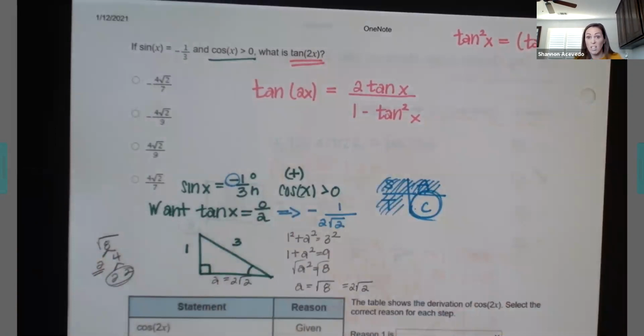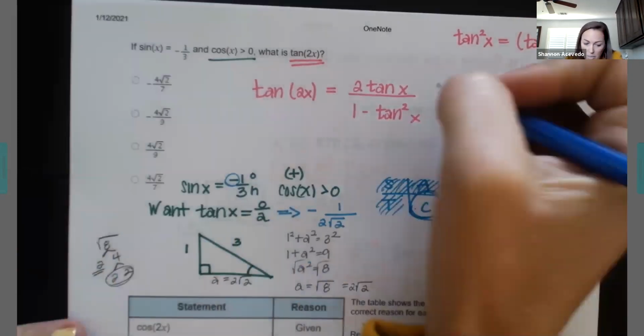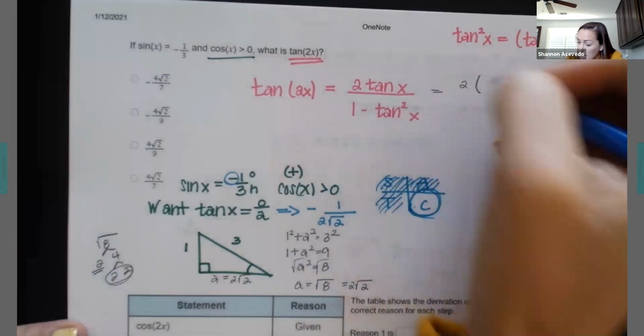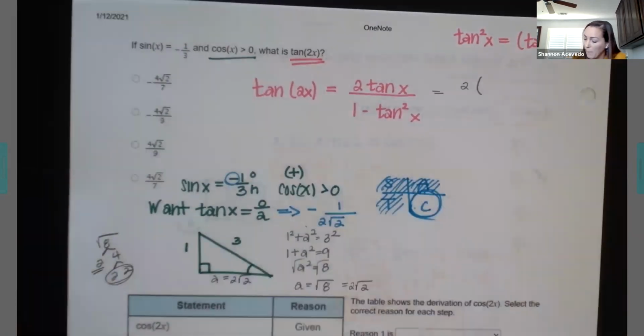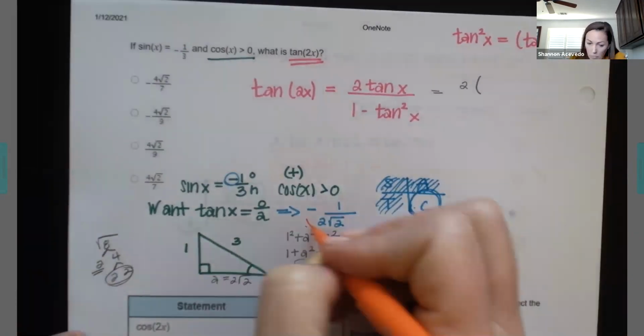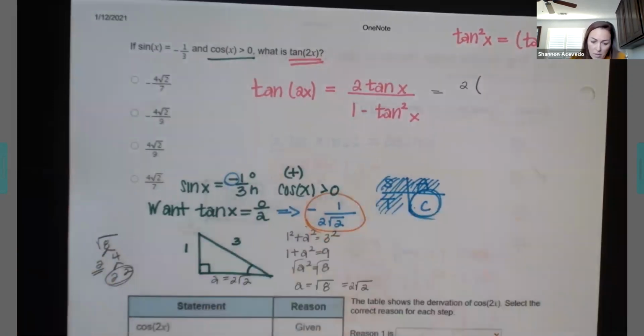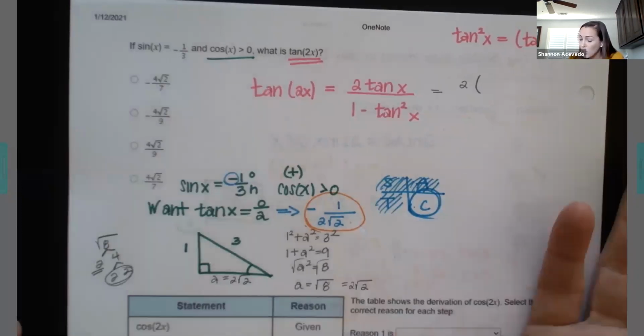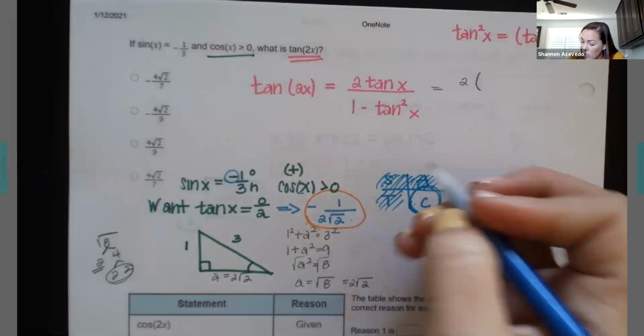Lot to take in, right? So let's plug into my equation here. Let's plug everything in. So I have 2 times my tangent, we said, is this piece right here. You could choose to rationalize this. I don't know what's better. If I rationalize this, let's look at it rationalized.